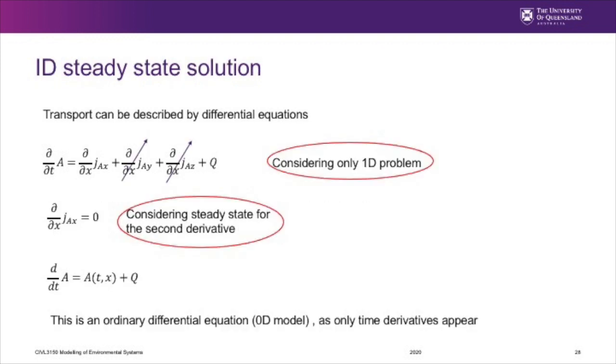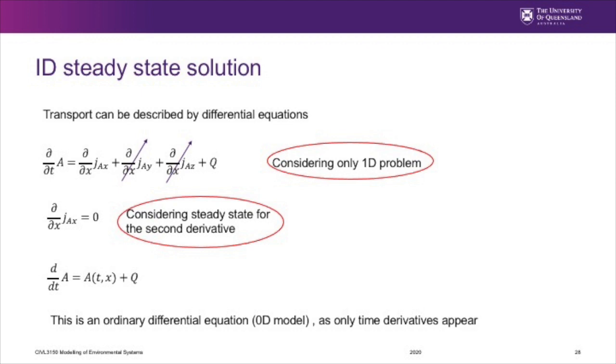So in our example, we're just going to focus on 1D, in one direction, okay? And this is just considering only a 1D problem. So if we make the decision to have this term, the term of the variation in space, only consider the steady state for the second derivative, which is this one, we can end up with an equation that includes the change in space as a function of time.